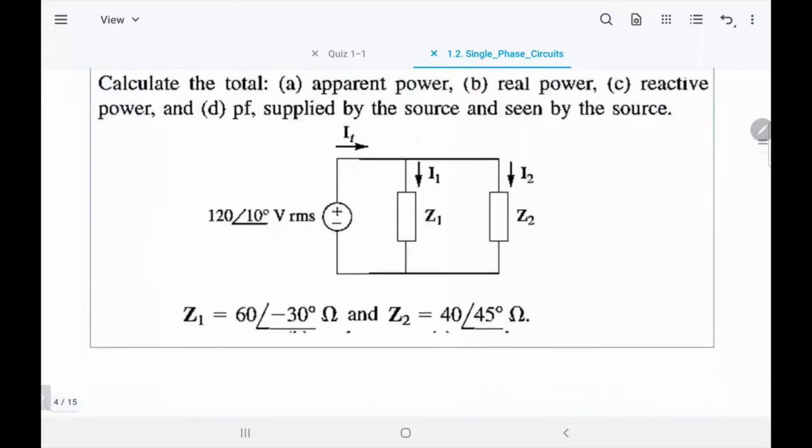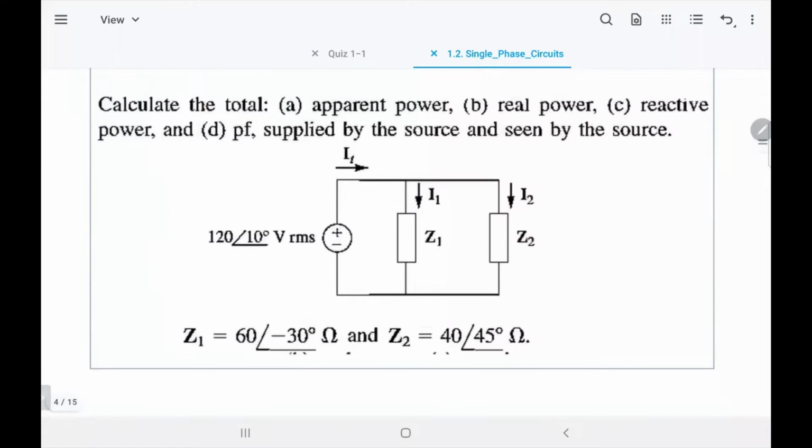There are two load impedances, Z1 and Z2, and they are given. The voltage is given here. First we need to calculate the total apparent power that will be consumed by this load. So how can we do that? First, we have to calculate the complex power in Z1.